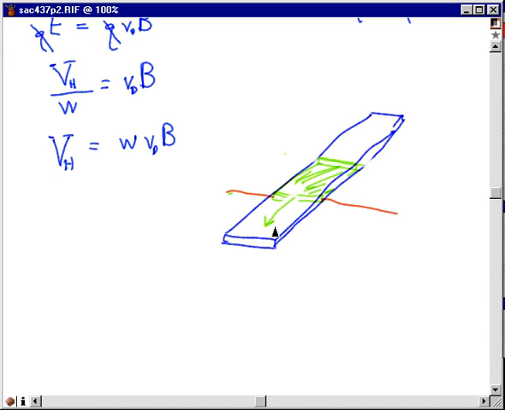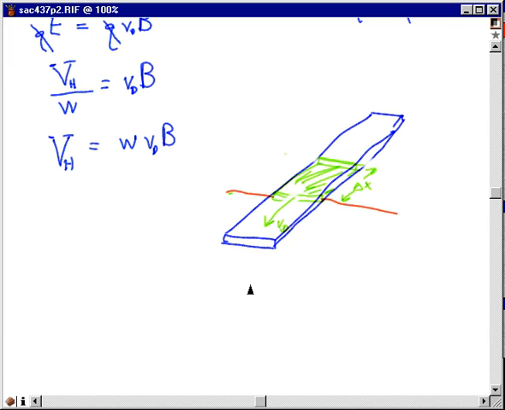All moving in this direction with a velocity v sub d, which is what we're trying to find. We'll consider this to have a length delta x, where the whole mess will move forward, actually southward in this case, in a time delta t, where delta x divided by delta t is the drift velocity. So that much charge moves through the boundary.